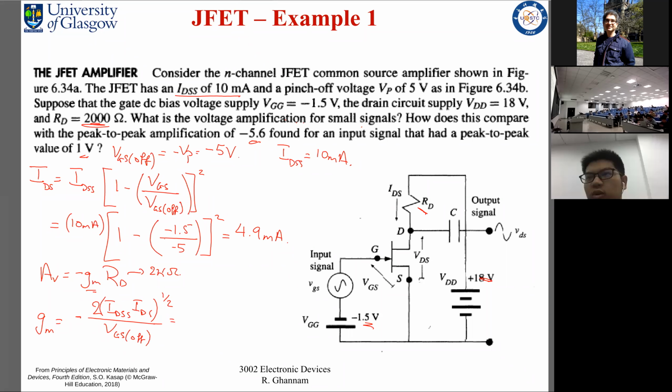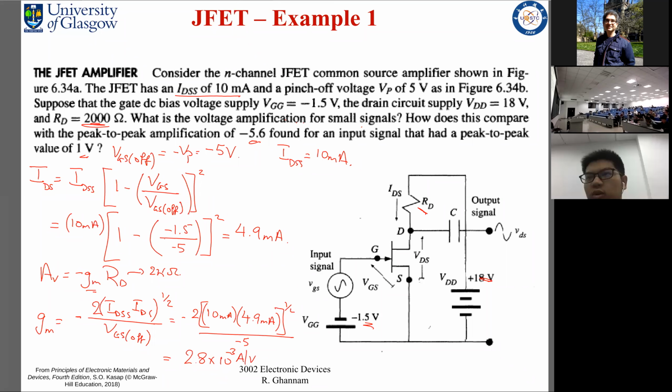So if we do the substitution, this is minus 2 times IDSS, 10 milliamps, times 4.9 milliamps, square root, over VGS off, which is minus 5. If we do the calculations, we should get 2.8 times 10 to the minus 3 amps per volt. So this is our transconductance.